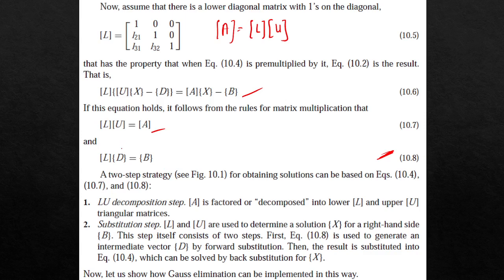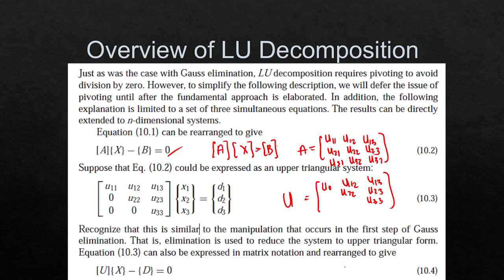When you get the matrix D, it is just finding the B matrix and multiplying it with the inverse of the lower matrix, so that you can get your D. Then the result is substituted into equation 10.4.